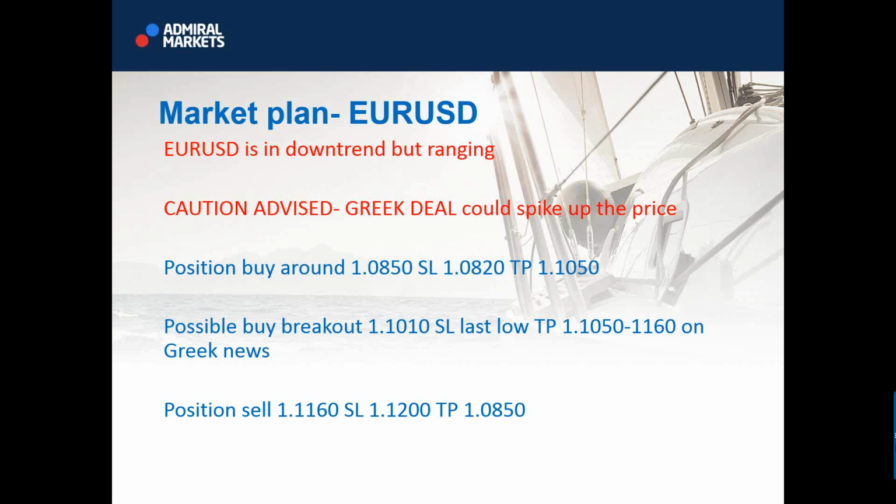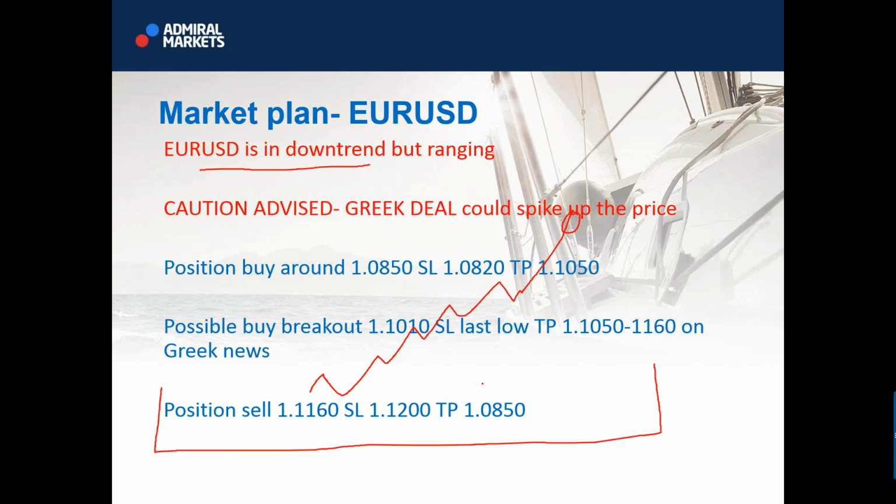So yes, we can buy, of course, on Greek news, because if a Greek European Union conclusion is made, euro dollar should spike up, okay? Because investors will basically buy euros and there can be an initial spike. But because technically euro dollar is in a downtrend, I expect that if it hits this level it will be sold again towards this price.